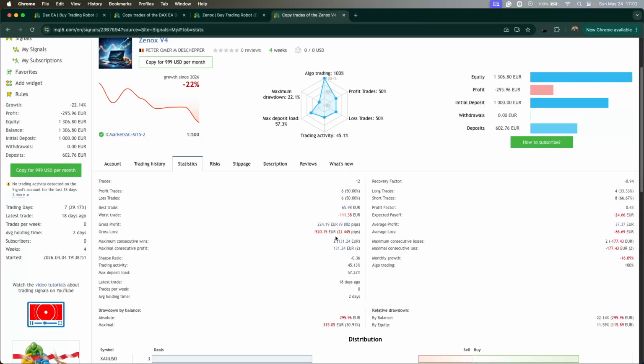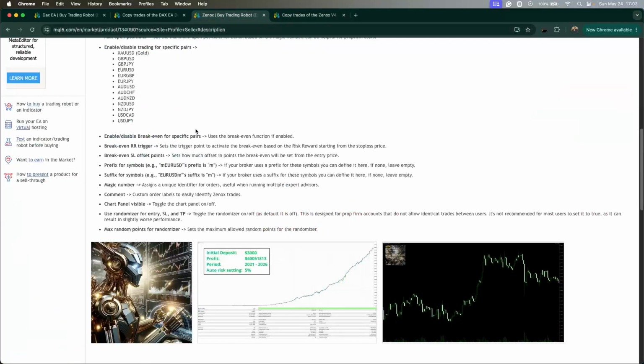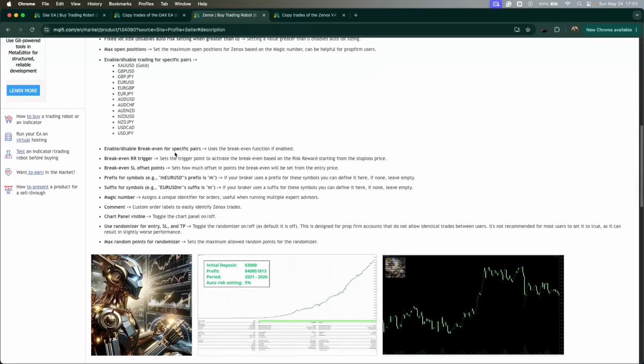And also, one thing you should note is that they make it sound reliable for trending markets, especially in gold, which everyone knows can have explosive runs. Now, moving on to the features and settings that they market, you get individual toggles for each pair, so you can run it on gold if you want. You can also handle your auto risk management.